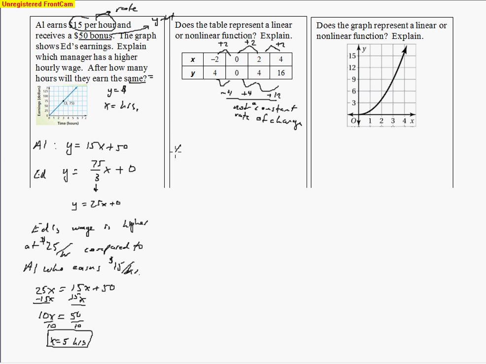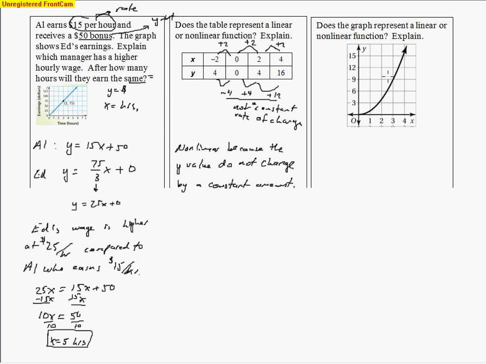So we would say nonlinear because the y values do not change by a constant amount.